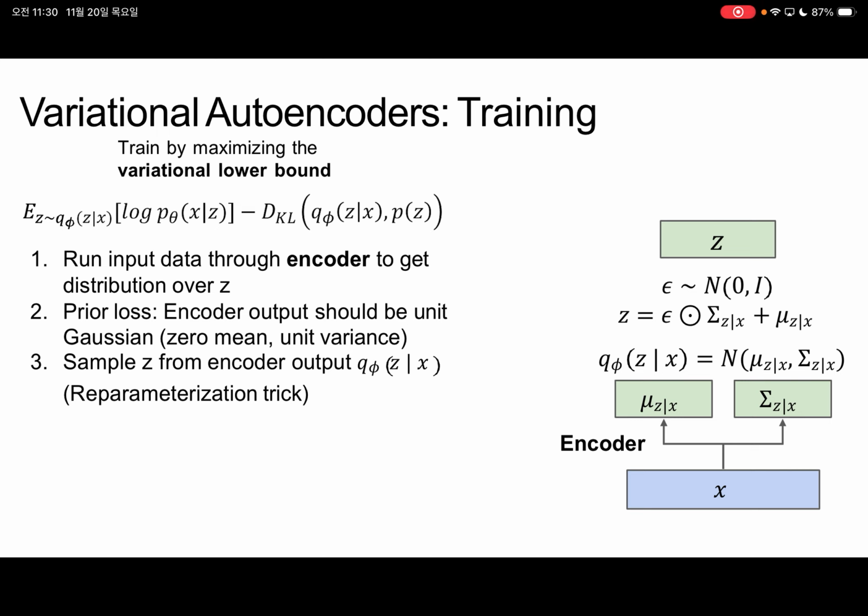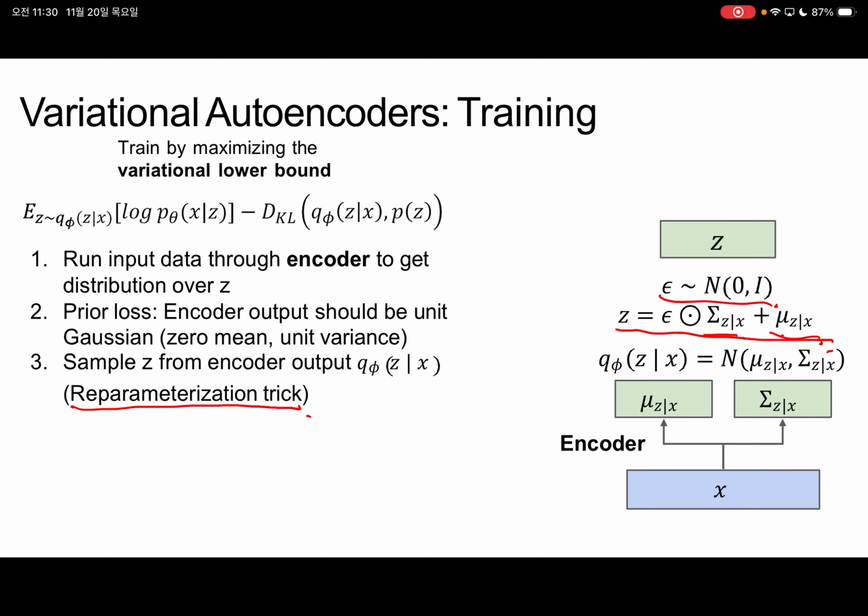And we sample z, that is the differentiable sampling that I introduced in an earlier slide, from the mean, this is the estimated mean, and this is the estimated variance. And epsilon is just a random vector from the normal Gaussian distribution. This is called the reparameterization trick.